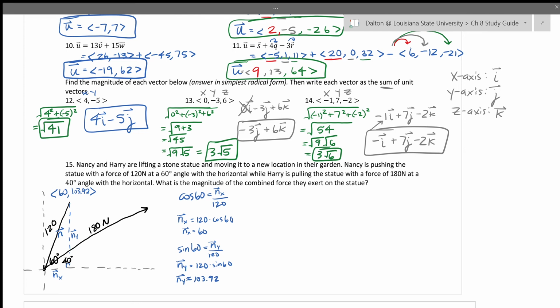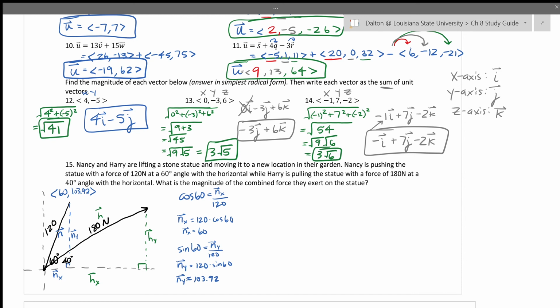We need to do the same thing in order to get Harry's. So let's call this 180 Newton force vector H. And if I drop down this vertical right here, we need Harry's x and y components of his force. So vector H sub x and vector H sub y. His angle is 40 degrees.